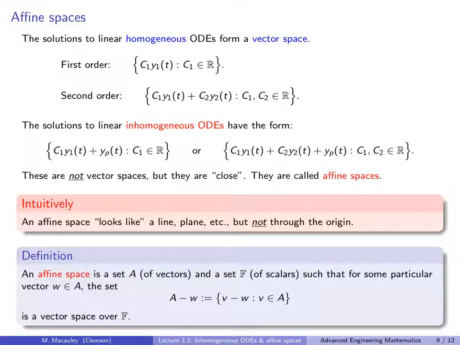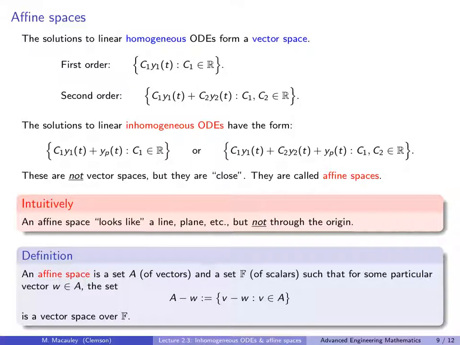So now an affine space is a set A of vectors, very similar, and a set F of scalars, but here's what we want, such that for some particular vector W, the set A minus W, meaning the set of all vectors in A minus W, is a vector space over F. So basically, an affine space is a vector space shifted away from the origin by some vector.